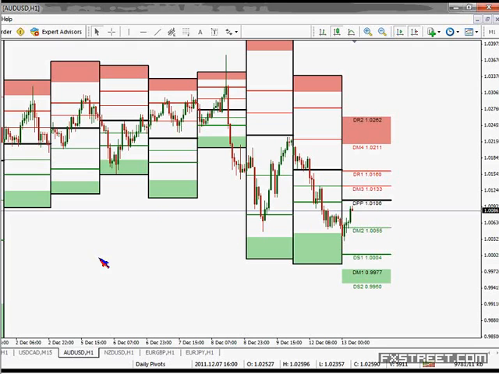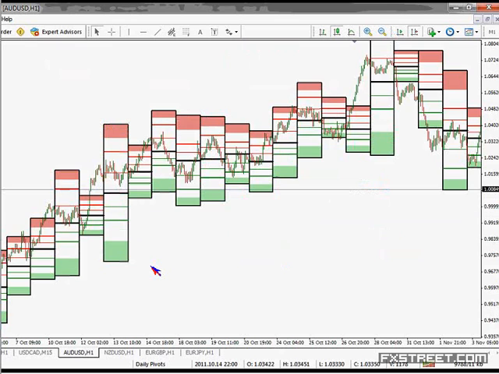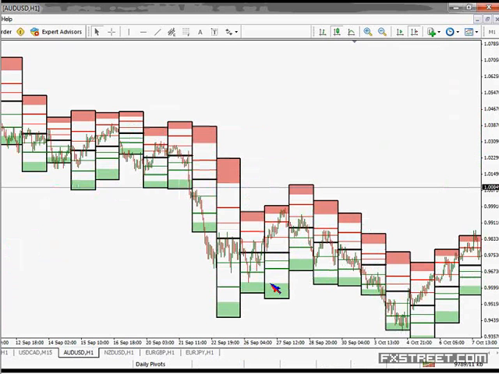But when things get compressed, I'll just tend to disregard the extremes and believe they can get broken. Like here, it's not the world's best example. See how they're getting all compressed in here, sort of sideways, and we're not really trending.